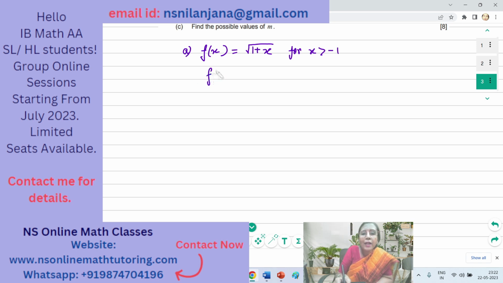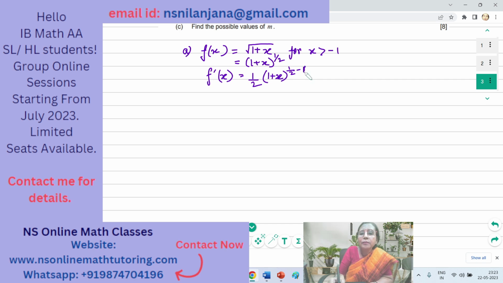The first derivative f dash x can be written as, because in calculus we do not use the surd form, we always convert it to the indices form, 1 plus x raised to the power of half. Now, differentiating, the power comes down and 1 plus x gets raised to the original power minus 1.